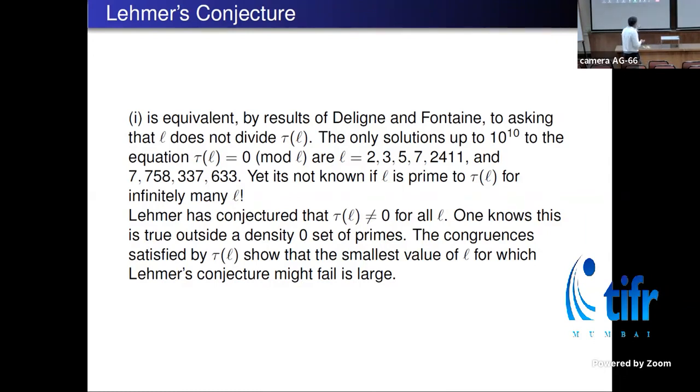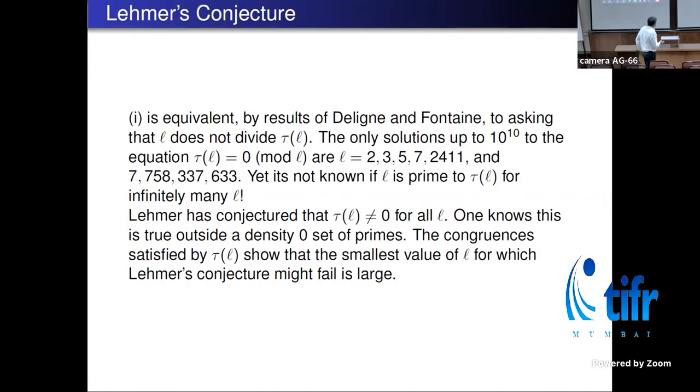Still, this phenomenon of being supersingular at l, which is tau(l) congruent to 0 mod l, is widely expected to be very rare. But one does not know that the contrary case, which is called ordinarity, holds, that tau is ordinary at l for infinitely many l. It's a mysterious thing: though you expect it to happen overwhelmingly often, you don't even know it happens infinitely often.